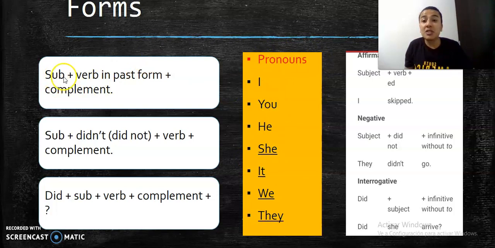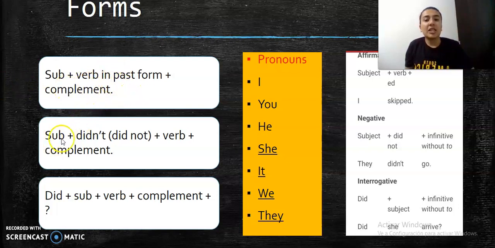So whenever you see subject, you make reference to the pronouns. So for example, subject will be I, you, he, she, it, we, and they. And then this is the affirmative form. So the affirmative form says subject plus the verb in the past form. Here, it'll be either regular or irregular verbs plus the complement.